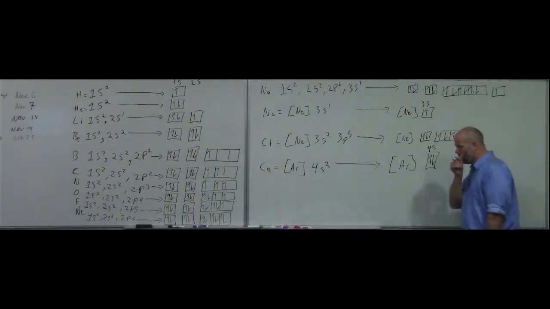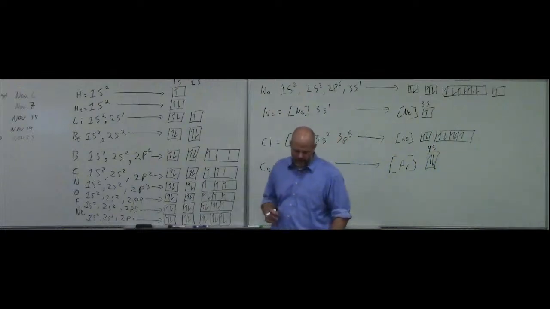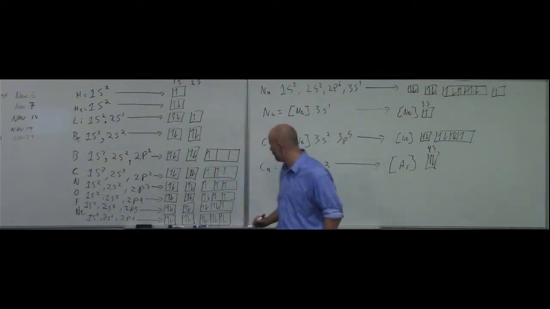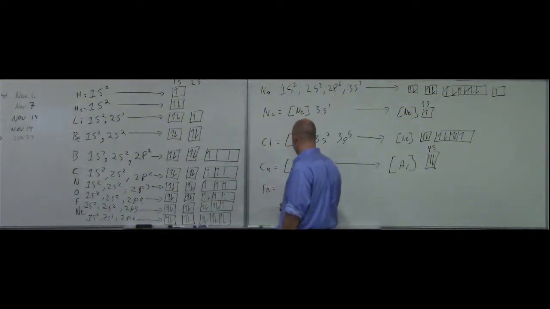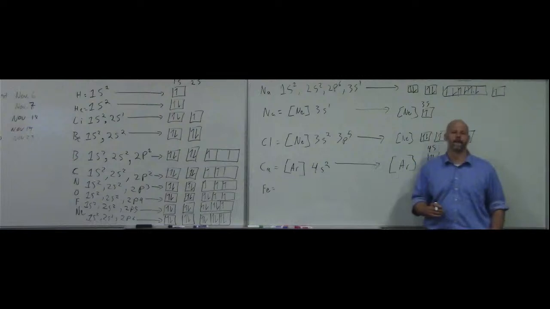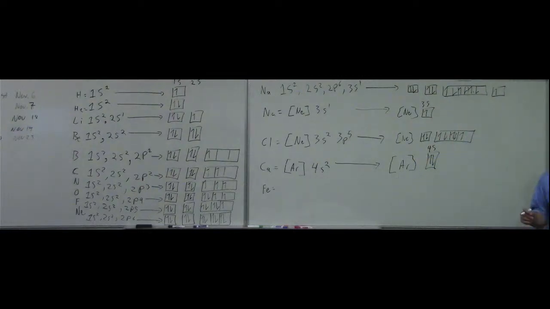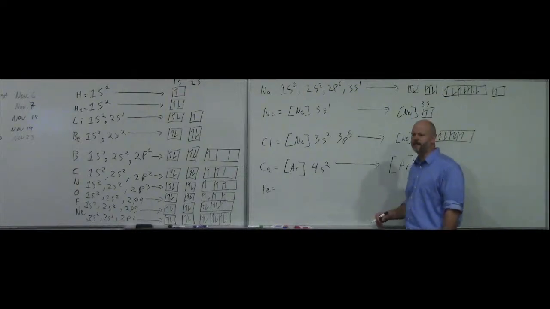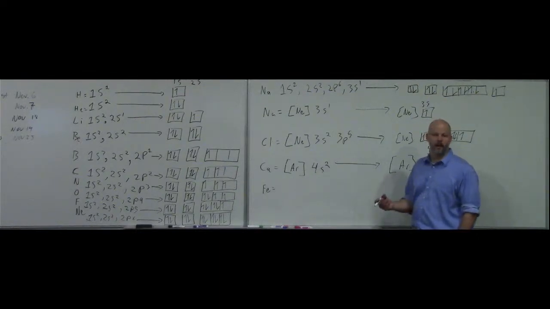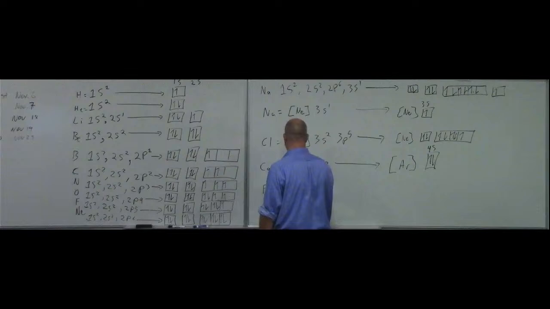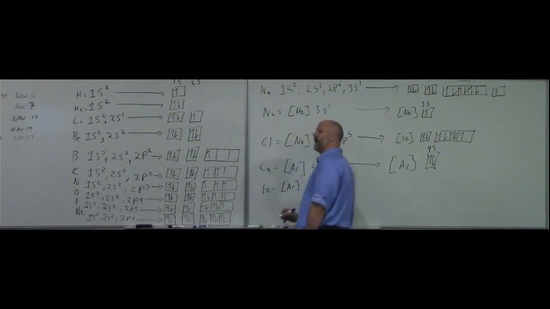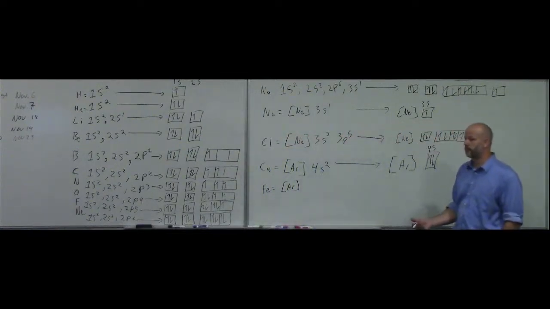Okay. Let's do iron. What's my atomic number on iron? 26. What's its preceding noble gas? Argon. It's argon. Good. What does it have beyond argon?